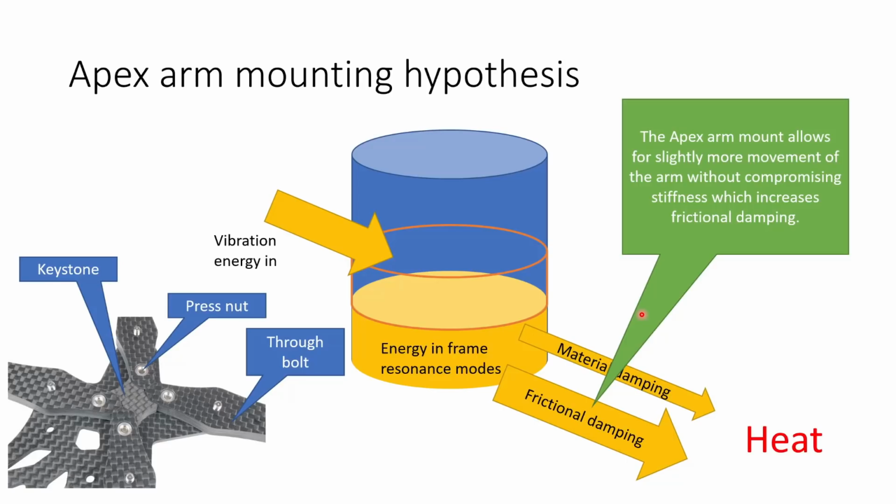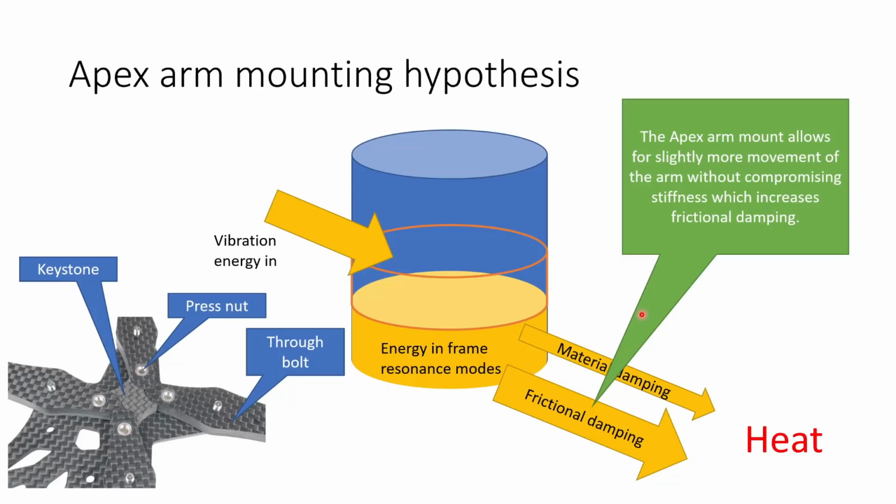Another method of increasing damping in the frame comes back to what I was talking about with individual arms versus unibody frames. By changing the way you mount your arms, you can allow slightly more movement of the arm without compromising the stiffness of the frame, and that can help you increase the frictional damping. And this is my apex arm mounting hypothesis that I posed a few weeks ago.